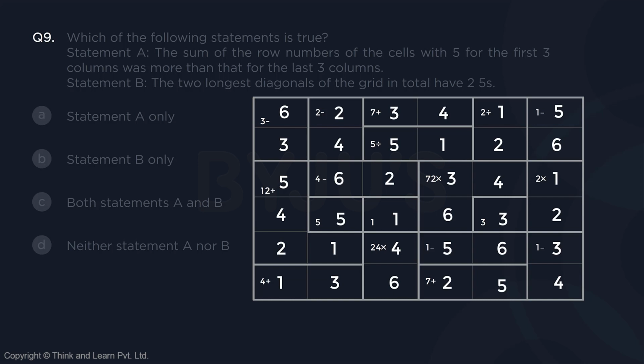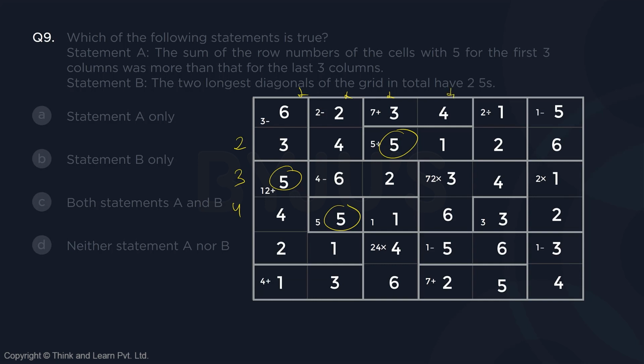The sum of row numbers of the cells with 5 in the first 3 columns. In the first 3 columns, the 5s are this, this and this. Row numbers are 3, 4 and 2. This sum is 9, right? And the statement was saying it is more than the last 3 columns.